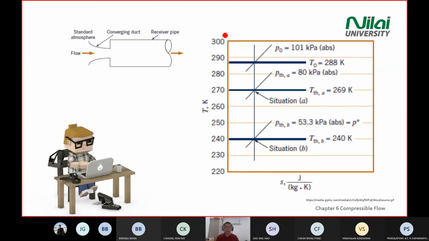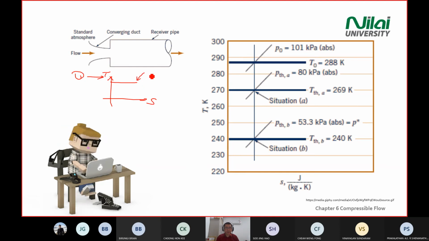How do you draw it? You start with temperature versus entropy, T versus S. The first one is the axis. The second one is a temperature line. Then from there, you add in the pressure line, always slanted. All these points go through the same entropy point.